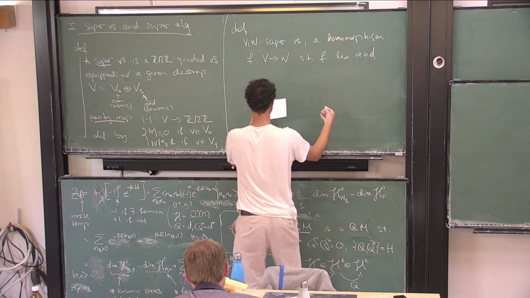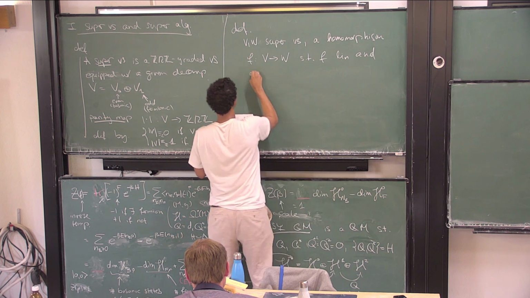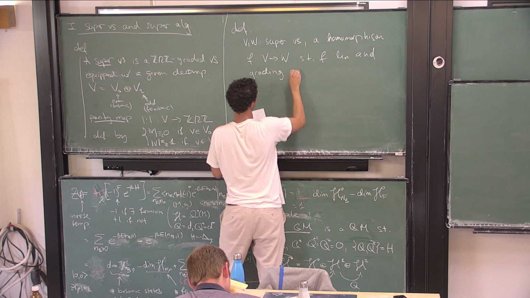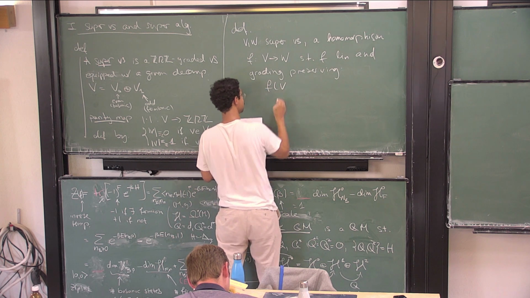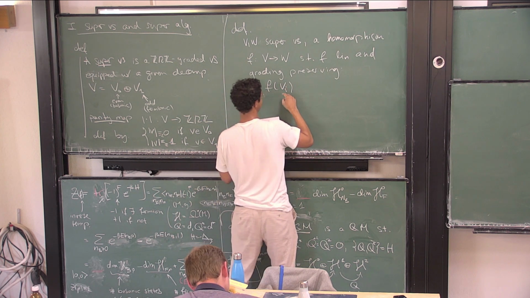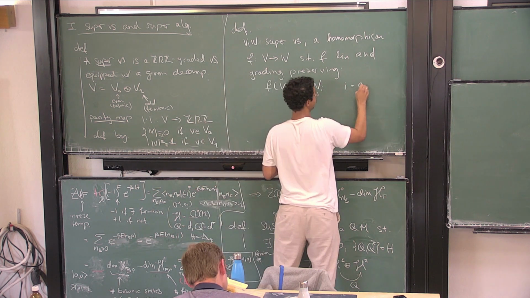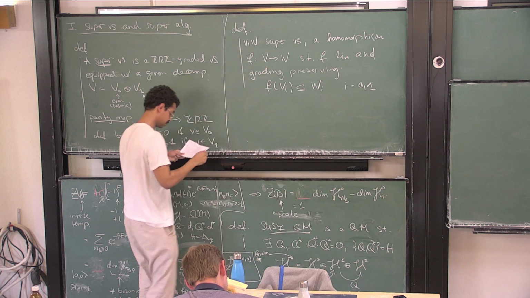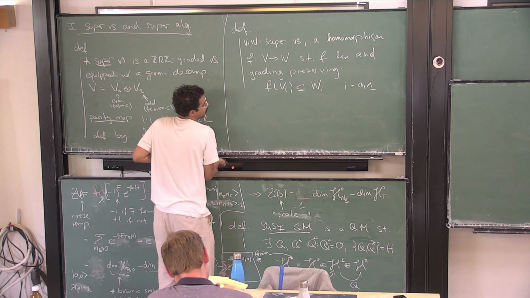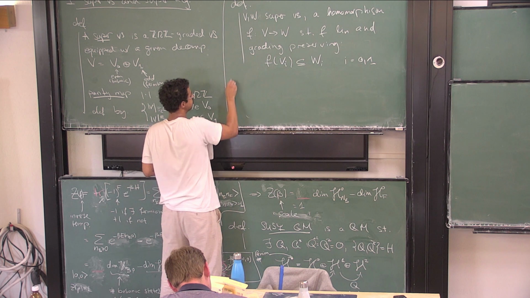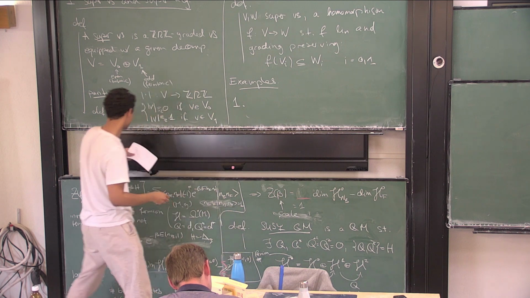And what is the extra structure? It's the grading, with the parity. So it's grading preserving. What this means is that essentially, if you map Vi, then this should be contained in Wi for i being either 0 or 1. Okay, this is all good, but let's do examples because it's easier, I think, to understand in examples.